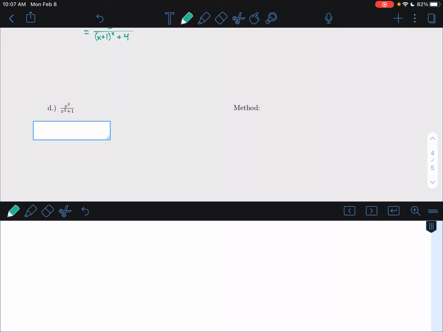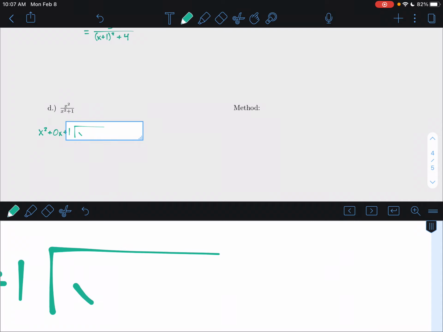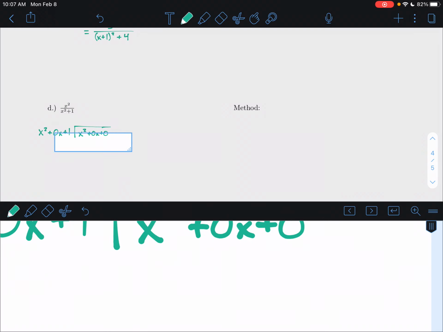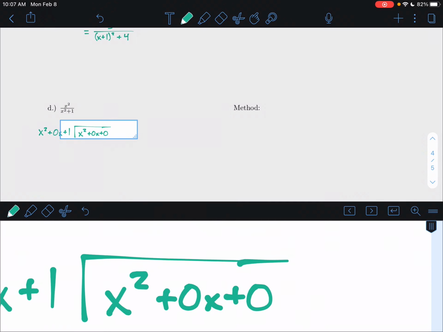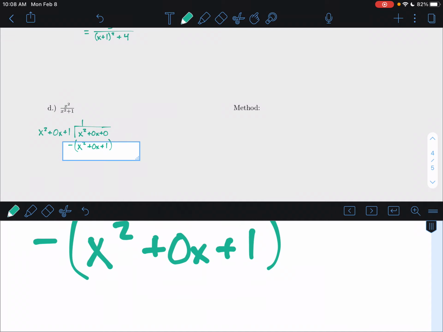So let's see, I have that x squared plus 0x plus 1, and I'm dividing that into x squared plus 0x plus 0. To get that x squared into this x squared, just multiply by 1. Goes into that one time. So I got x squared plus 0x plus 1. I want to subtract all that.